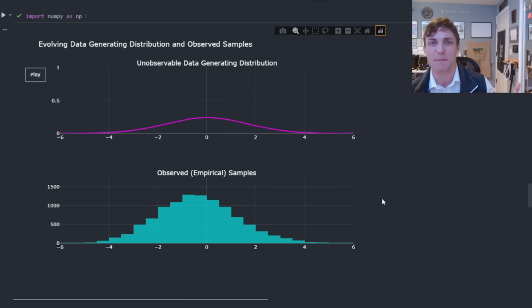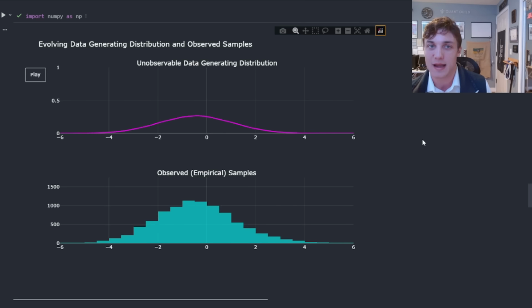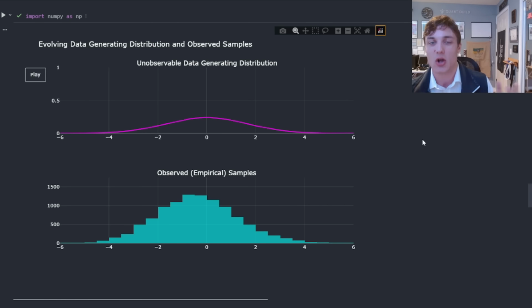But in a massive bullish market, we're probably not as likely to observe those negative returns. And that's because this unobservable data generating distribution is going to change over time. We can't just naively model a fixed distribution. And that is precisely why we are going to look at this idea of a stochastic process.